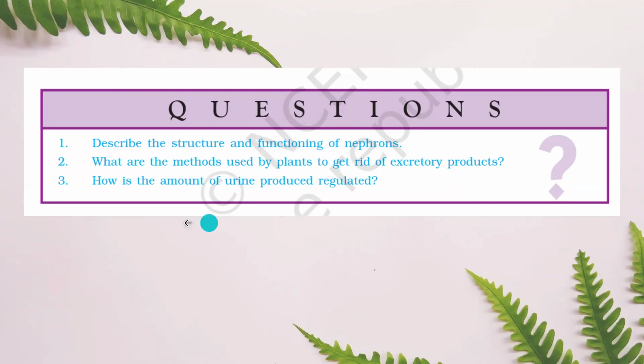And here you can see: how is the amount of urine produced regulated? So what is your answer?